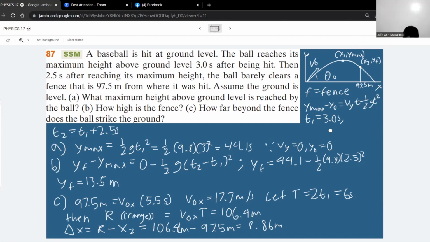So bakit Y max is equal to 1/2 gt square? Meron po siyang initial velocity of what? We don't know. It can be computed for. Pero yung V0 in the Y direction po is definitely 0. Hindi pwedeng V0 in the Y direction 0 kasi hindi siya aakyat. Okay. So, ano ba?